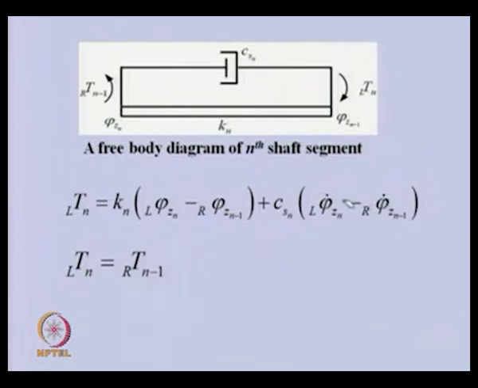Earlier we had only this restoring force, but now we have the damping force also in the torque, and because we are not considering inertia of the shaft, the torque at either end will be equal.